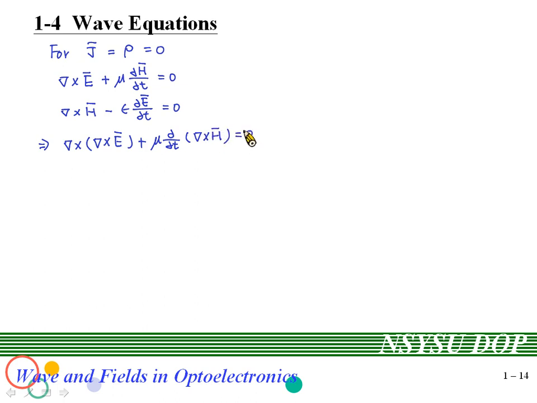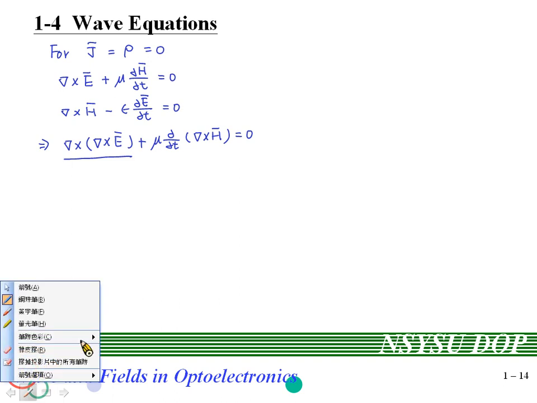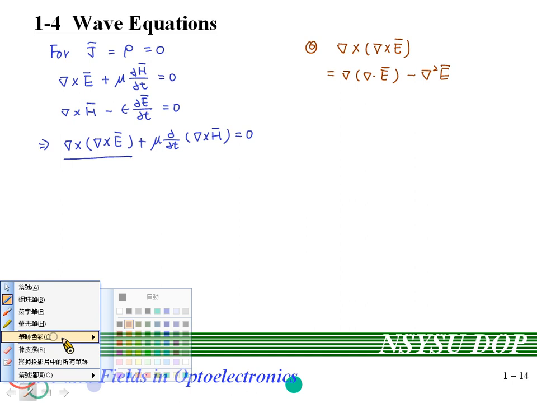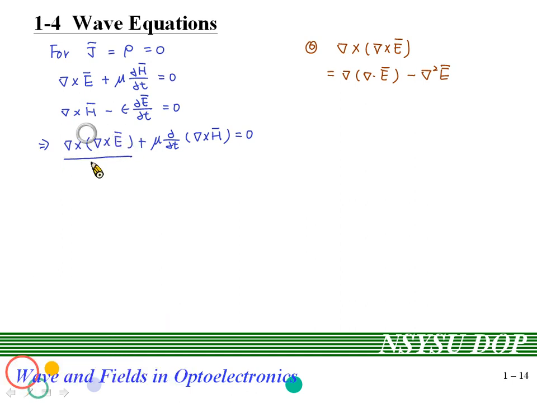And now we have to expand this double curl operation. Let me remind you that curl curl E can be expanded as gradient divergence E minus Laplacian E. So using this definition, we can expand this term in this way.